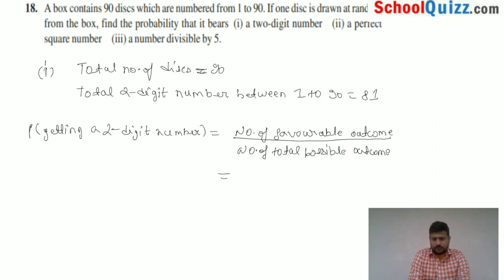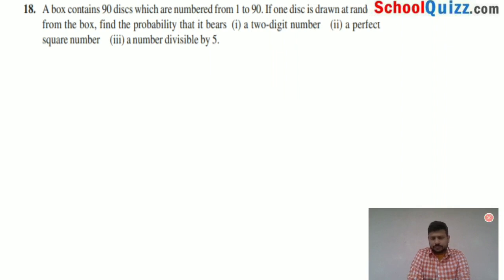It is equal to 81 by 90, which can also be written as 9 by 10. So 9 by 10 is the probability of getting a 2-digit number. Now let us proceed to the second part of this question, which asks for the probability of getting a square number.